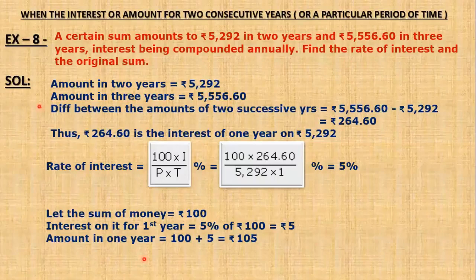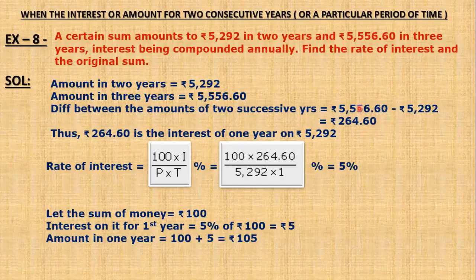So here, the amount in 2 years is given as rupees 5,292. The amount in 3 years is rupees 5,556.60. Now we will find the difference between the amounts of 2 successive years, that is rupees 5,556.60 minus rupees 5,292, which will give rupees 264.60.